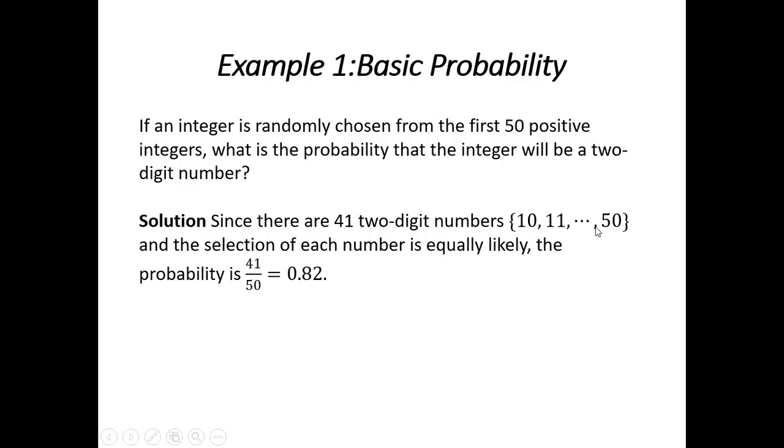And this would be a list of them. So starting with 10, we get 41. So our probability is the number of elements in this set, which is 41, over our universal set, which has 50 positive integers. So the fraction 41 over 50, converting that to a decimal, we get 0.82.